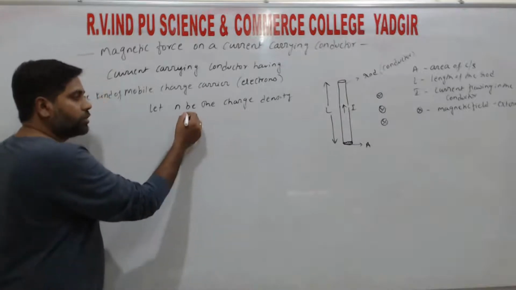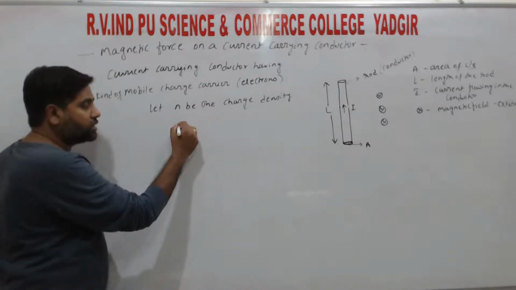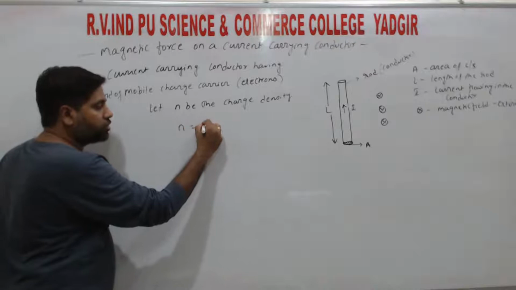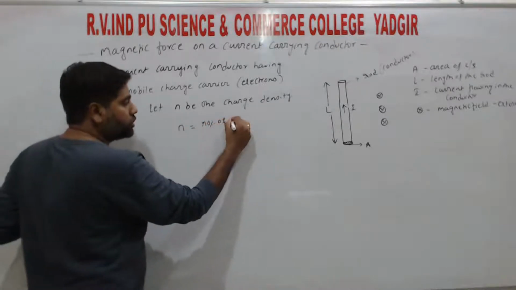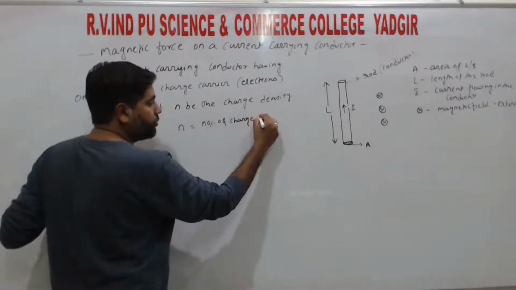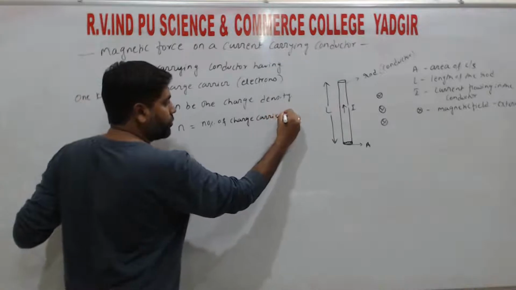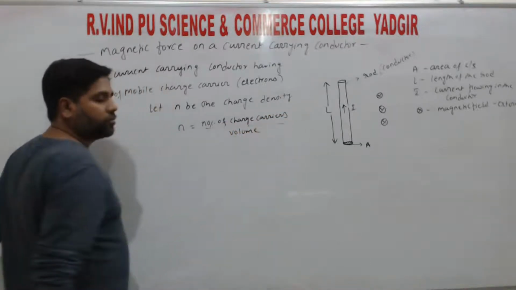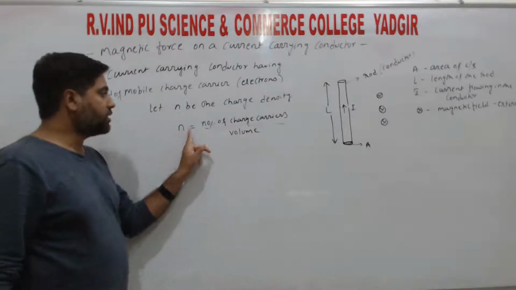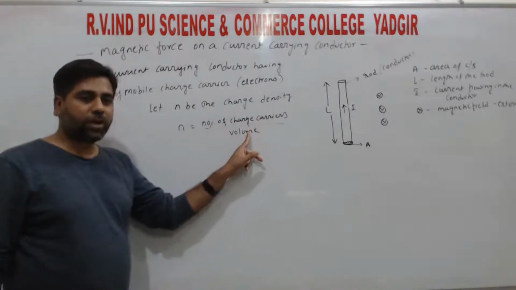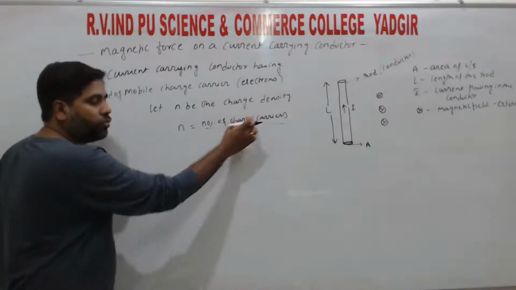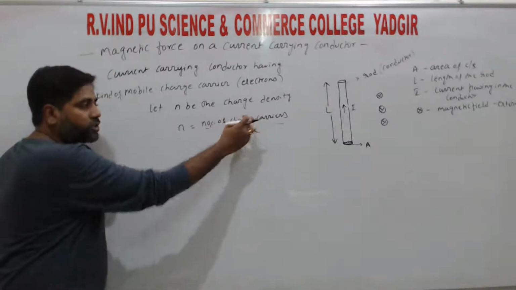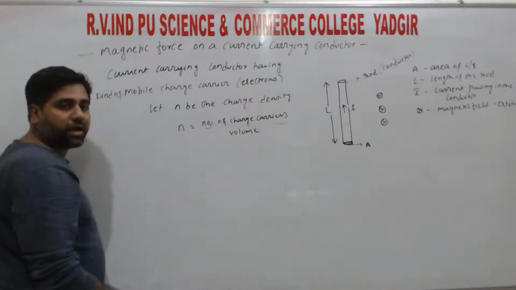The charge density n is equal to the number of charge carriers per unit volume. So here we need to find the number of charge carriers which are flowing in the conductor, right?